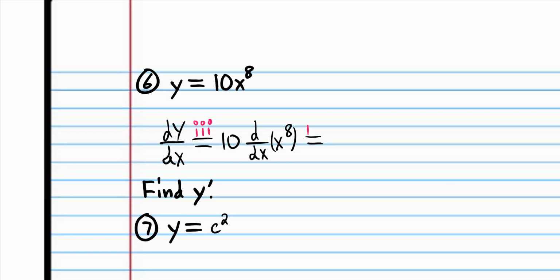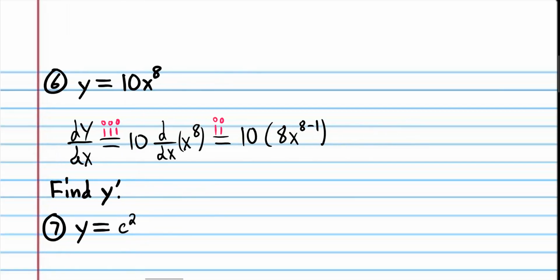Then we're going to use differentiation formula number 2, the power rule, which tells us that the derivative of x to the 8th power is 8 times x to the 8 minus 1 power. So we bring the exponent in front as a coefficient, and we subtract 1 from the exponent. So now we can multiply 10 times 8 is 80, and 8 minus 1 is 7. So there you go.